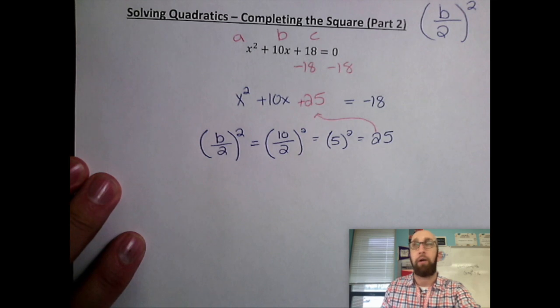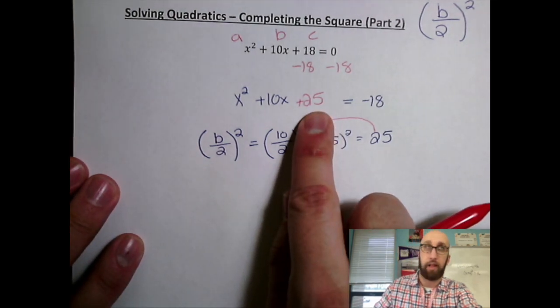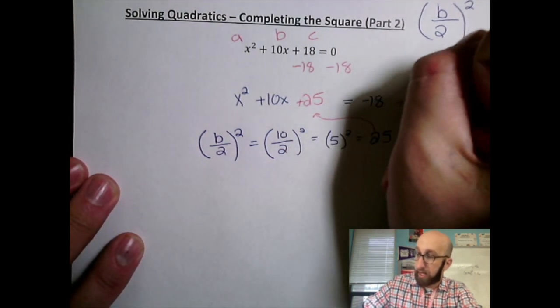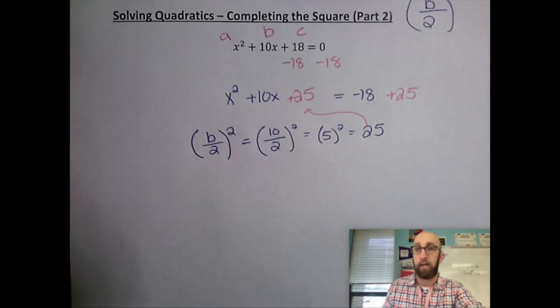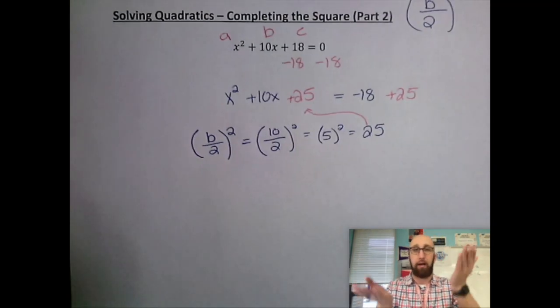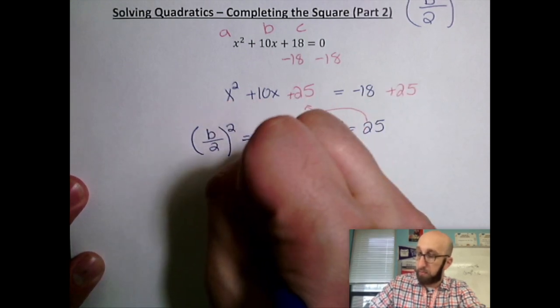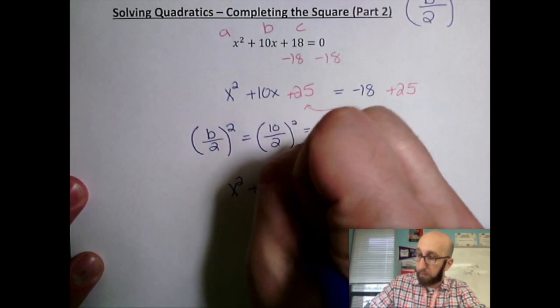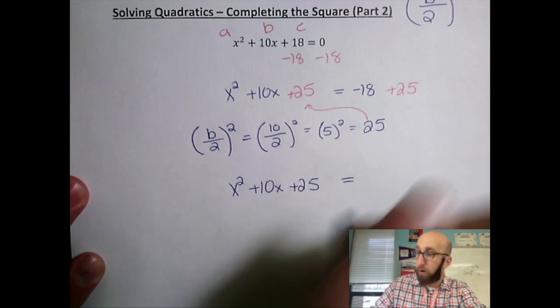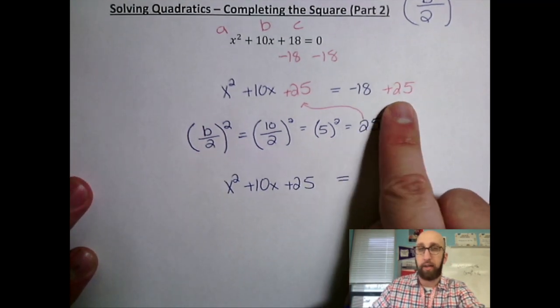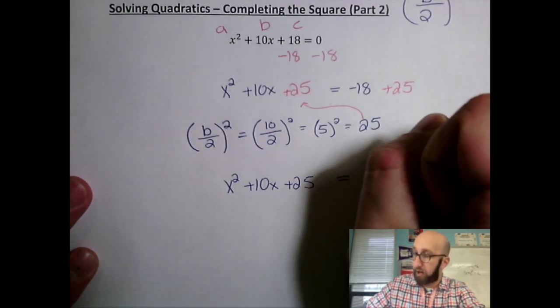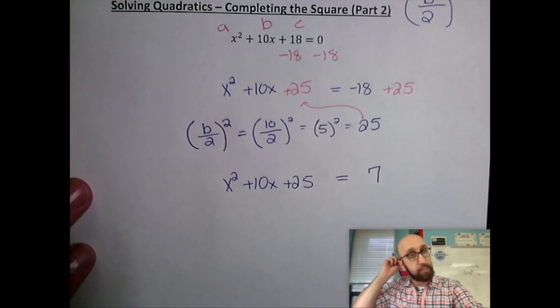But to achieve balance here, if I'm going to add 25 to the left side, I need to add 25 to the right side as well. We got to get that balance back and forth. So the left side of this equation is going to be x squared plus 10x plus 25. Right side, negative 18 plus 25 is going to be 7.